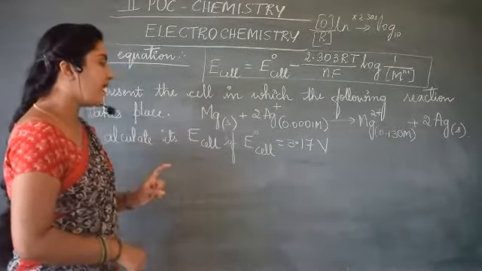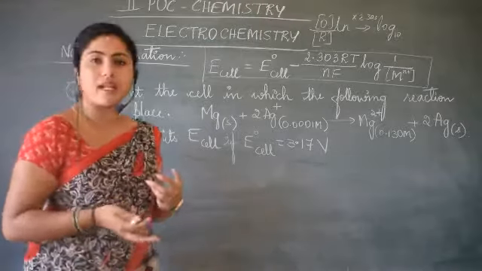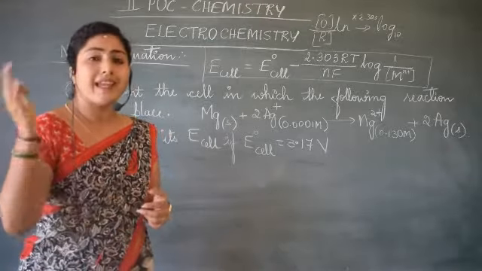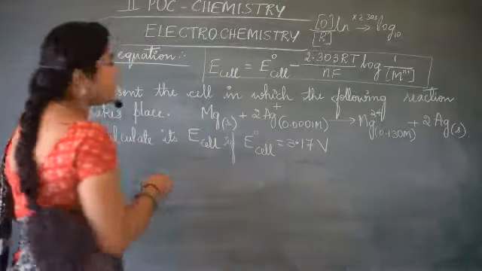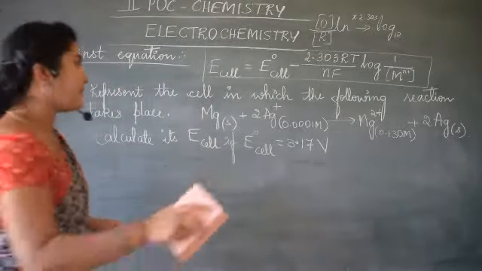Now we have to see which is undergoing oxidation and which is undergoing reduction. If it was the Daniell cell, how would you represent it?